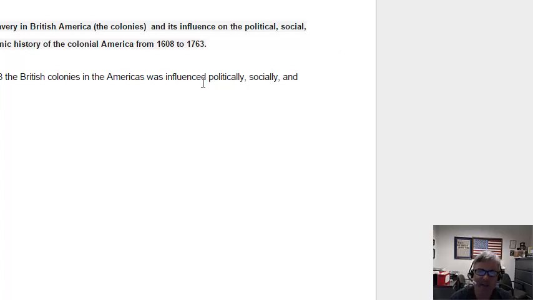And then specifically, paragraph 2 is going to talk about how the colonies were politically influenced. Paragraph 3 will be how they were socially influenced. And paragraph 4 will be how the colonies were economically influenced by slavery, all being influenced by slavery.